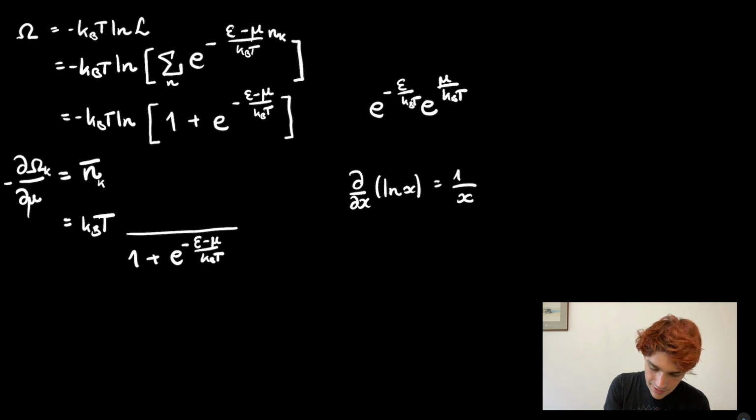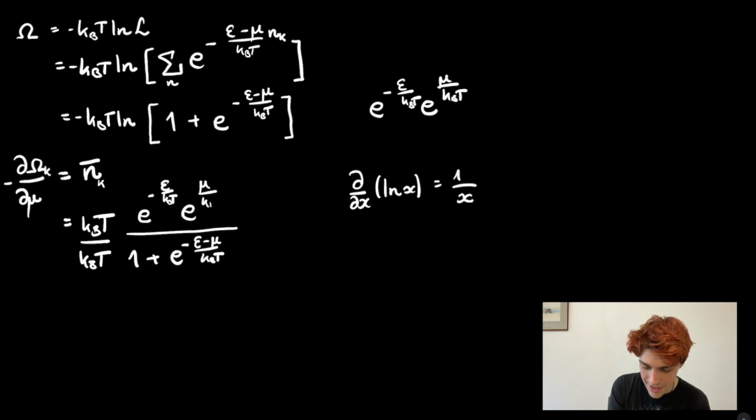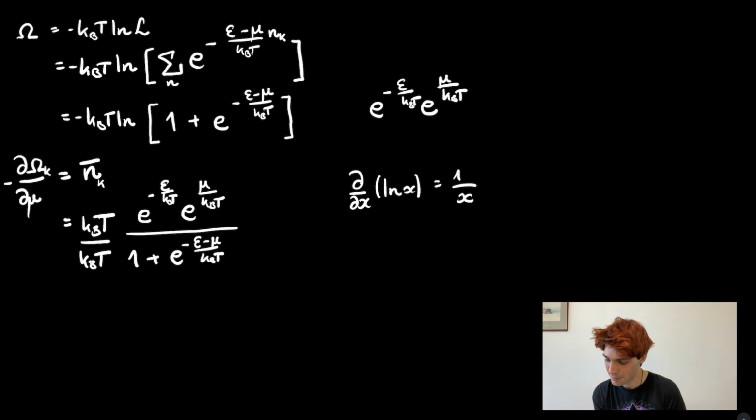It comes out the front, and now we're just differentiating an exponential. What's the factor we have to multiply? Again, we're doing another chain rule. We have a 1 over kBT factor, so we divide everything by kBT and get e to the mu over kBT.